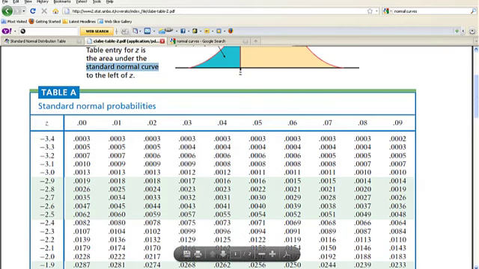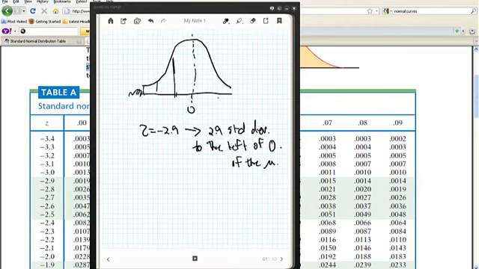Well, let's do one that's a little more reasonable. Let's go, I don't know, how about negative 1.5. Let's change colors. If I go Z equals negative 1.5, well, negative 1.5 is going to live right here. I'm looking for that area.